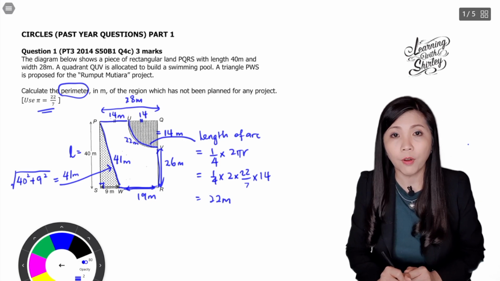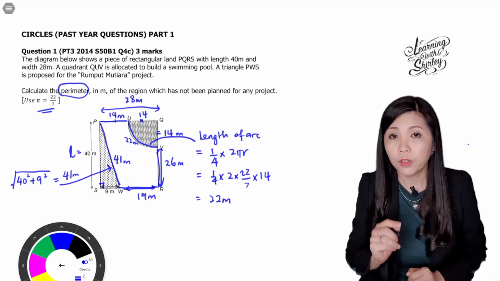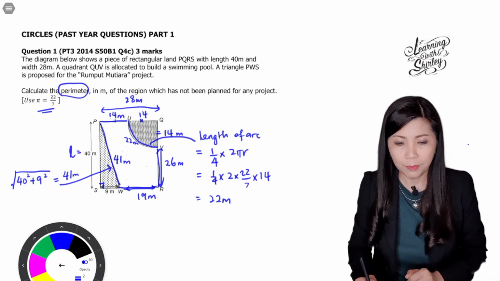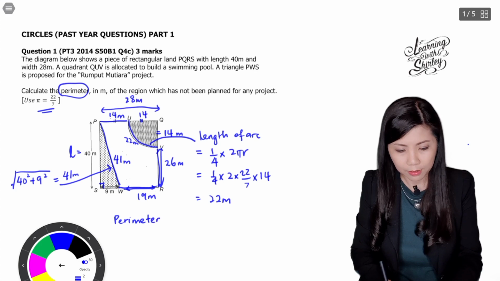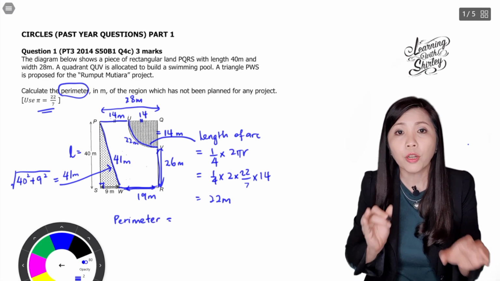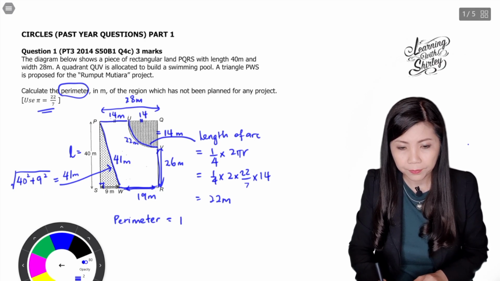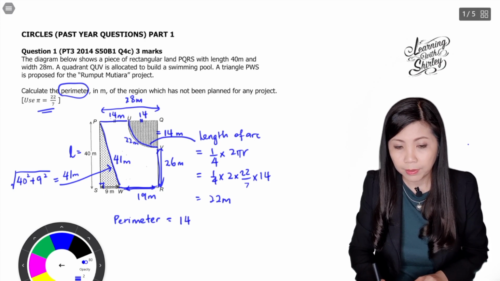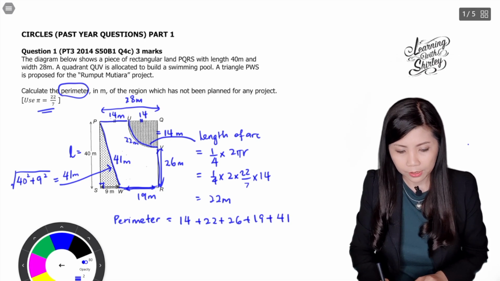So now we have all the measurements already. So we'll add them up to find the perimeter of the region which has not been planned for any project. So perimeter is equal to 14 plus 22 plus 26 plus 19 plus 41.